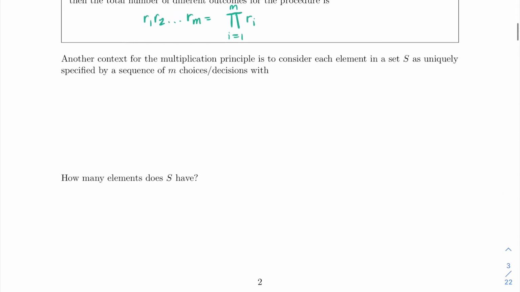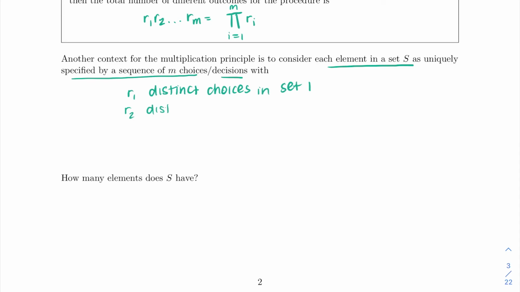Another context for multiplication principle is to consider each element in a set S as uniquely specified by a sequence of M choices or decisions. This might be a better way to think about our subset example where we have R1 distinct choices in set 1. And this is kind of like saying we have 2 choices to include element 1 or not.